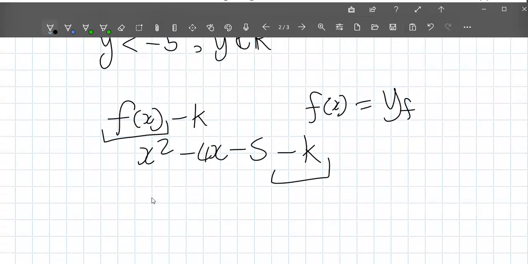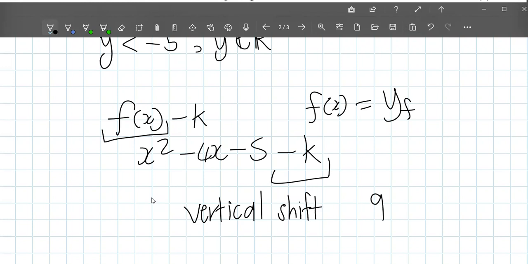So therefore it's a vertical shift up by 9. So our k has to be smaller than minus 9. As soon as it's larger than minus 9, then we go back into having these negative y values, which was not wanted.